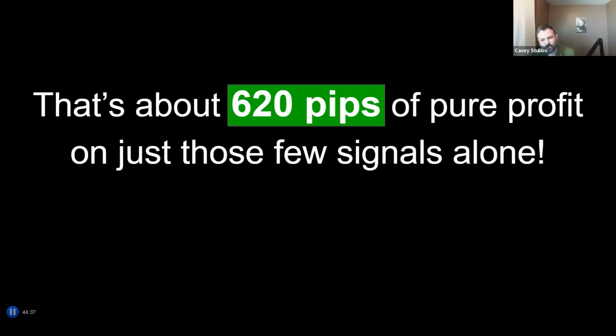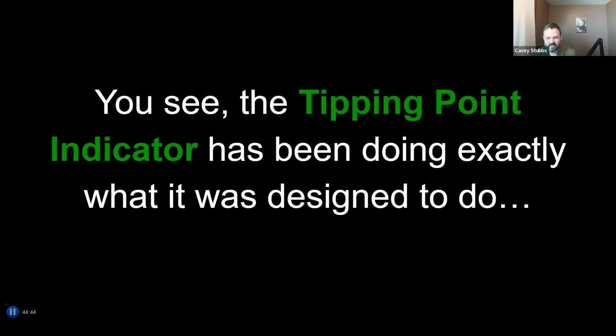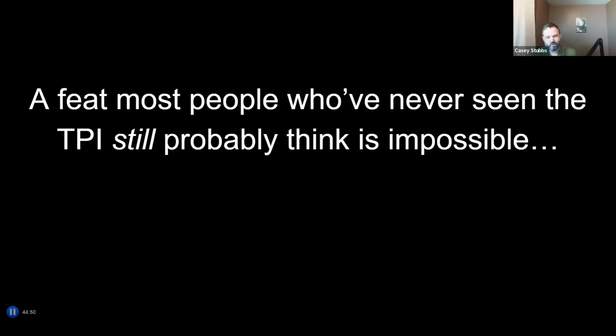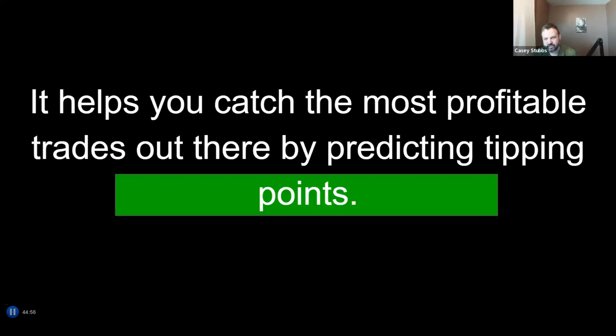That's about 620 pips of pure profit on just those few signals alone. You see, the Tipping Point Indicator has been doing exactly what it was designed to do. A feat most people who've never seen the TPI still probably think is impossible. It helps you catch the most profitable trades out there by predicting tipping points.